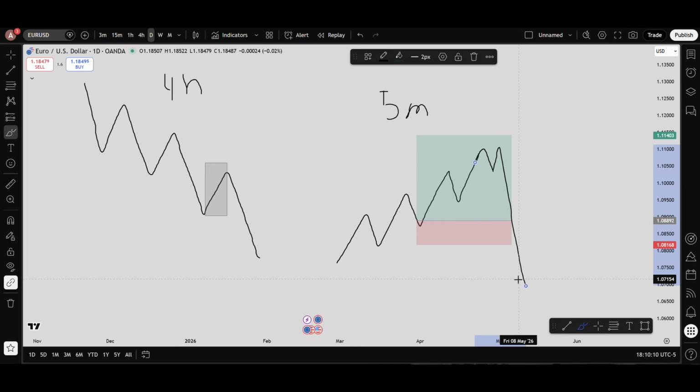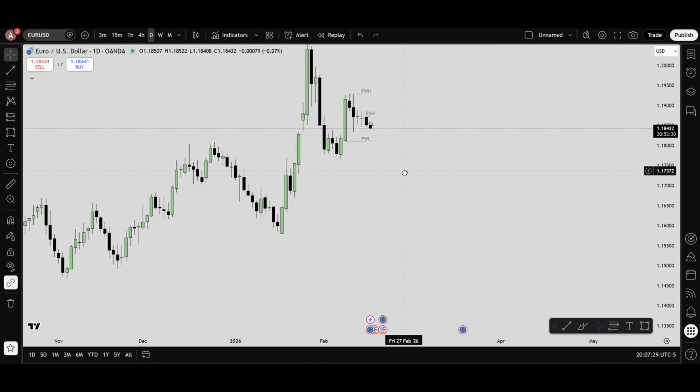Why? Because you traded against the higher time frame direction. And here is one of the most important rules in trading: don't go against the overall trend. When the higher time frame, like we did over here, is moving in one direction, fighting against it usually doesn't end well.